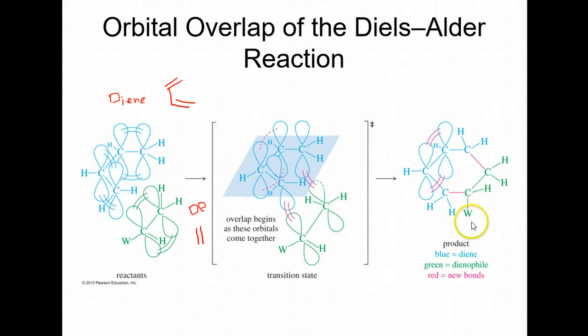The bonds start forming, and the two groups that are underneath your diene end up down. We will definitely talk much more about this stereochemistry in the next slides. However, at this point, I'm going to stop here, and we're going to start on a new video.